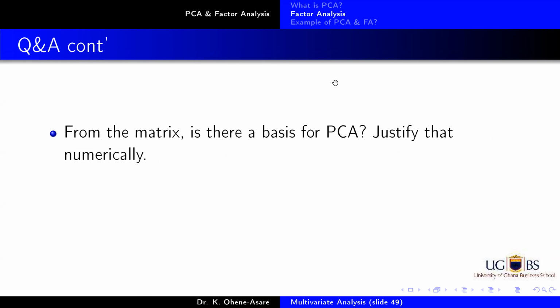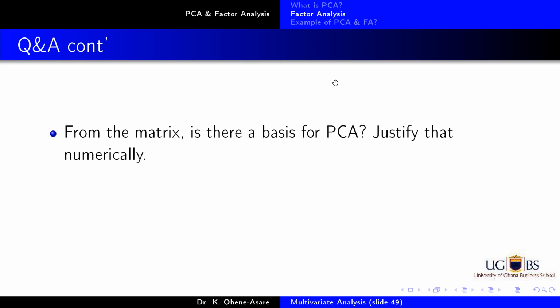Ladies and gentlemen, the advice is that for there to be a basis for PCA, there must be at least a certain number of correlation coefficients that are 0.3 or more.